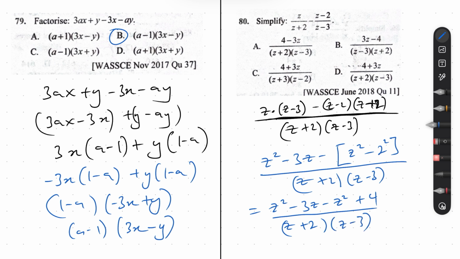Now z squared will cancel this z squared, so we'll be left with what? 4 minus 3z all over our denominator, which is z plus 2 multiplying z minus 3, and that is our answer. So let's see if you have it there. 4 minus 3z over, yes, which is A.